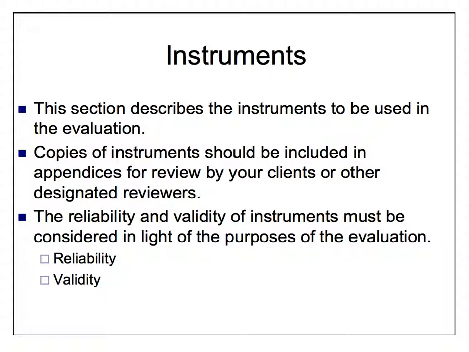Validity is if I step on the scale and get 10 readings, and every time it's 5 pounds more than I actually weigh, then that's not a valid measure because it's not measuring to a specific standard. So you take that scale and measure it against another scale that you know is accurately measuring weight, and that validates the instrument.